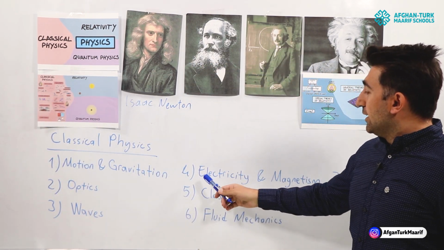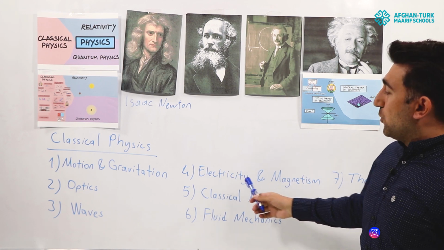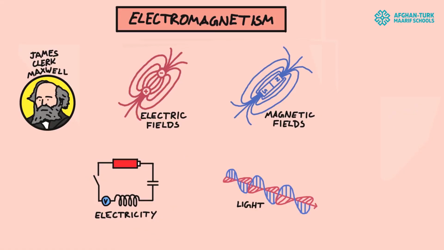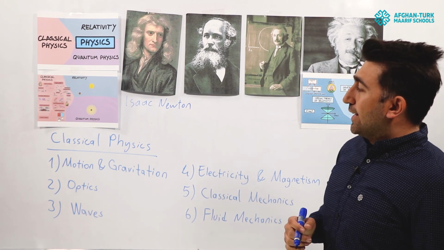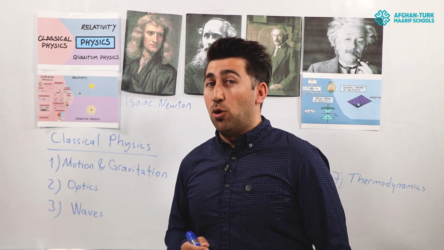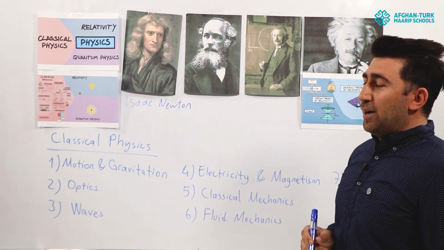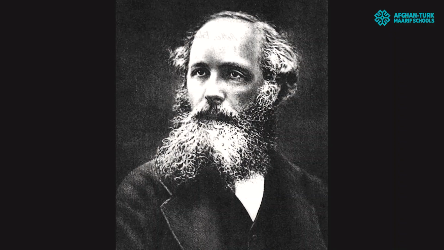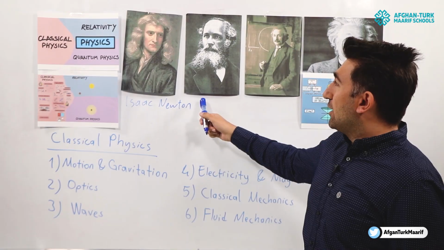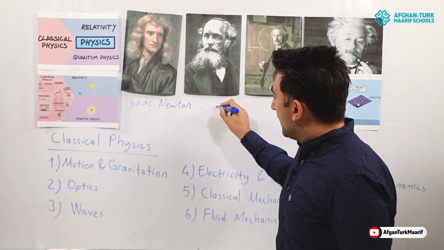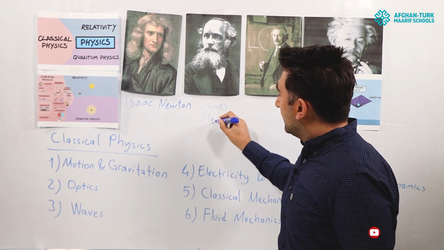Okay, let's continue with electricity and magnetism, which we can also call electromagnetism. Electromagnetism is the description of magnets and electricity, or more generally, electric and magnetic fields. Well, it was a scientist named James Clerk Maxwell. This one, James Clerk Maxwell.